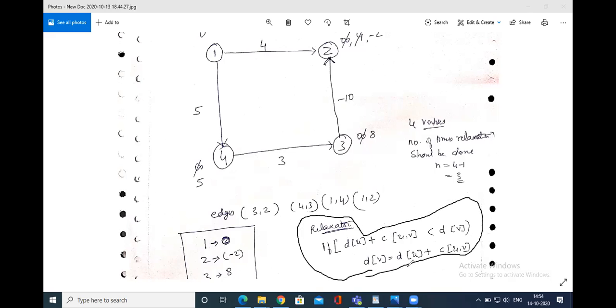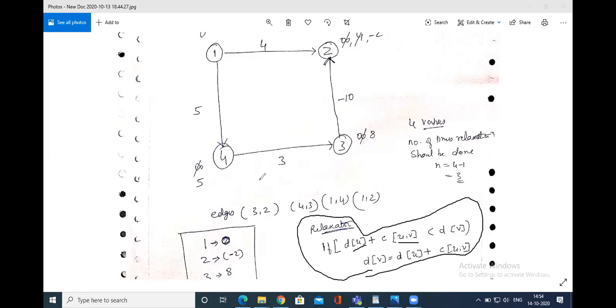Imagine between a pair of vertices u and v, any one of the edges, for example 3 comma 2. If there is an edge between the pair of vertices u and v, then check if the distance of u plus the cost of the edge uv, for example, consider the edge from vertex 4 to vertex 3.